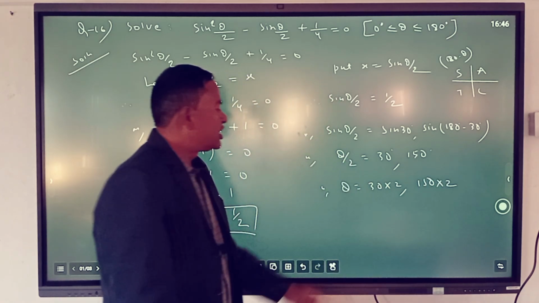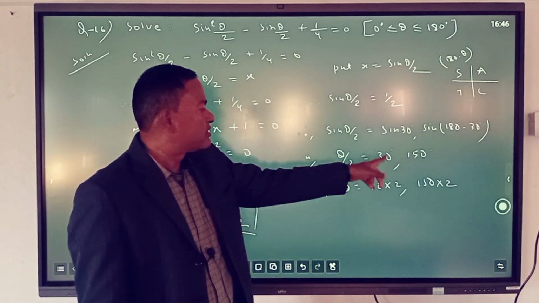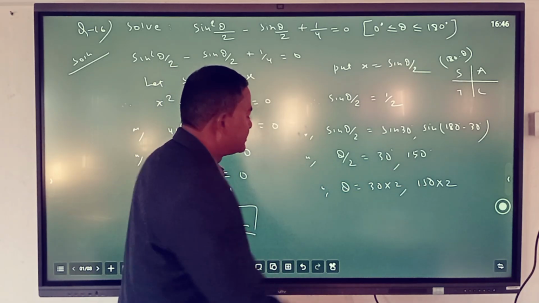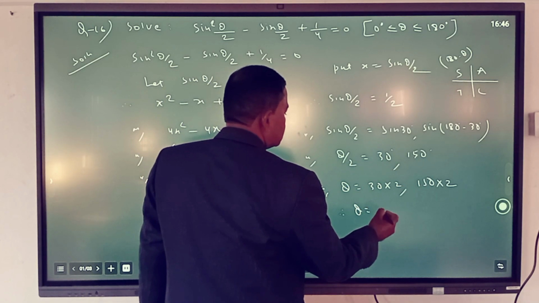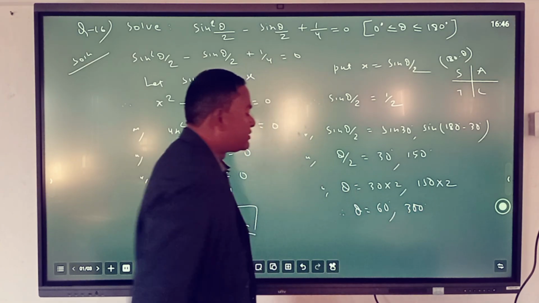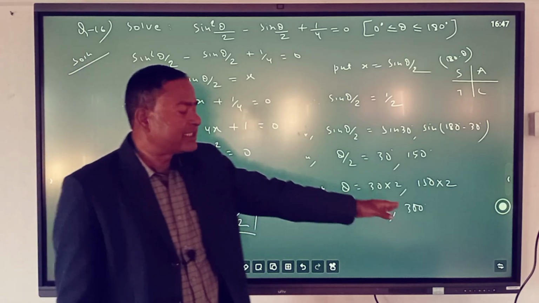So dear student, if we do crisscross, then θ will be 2 times 30 and 2 times 150. So the value of θ we have got is 60 degrees and 300 degrees.